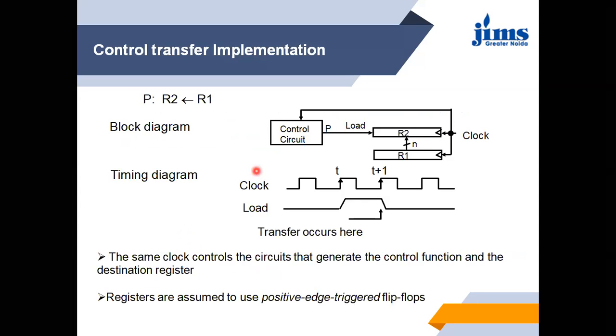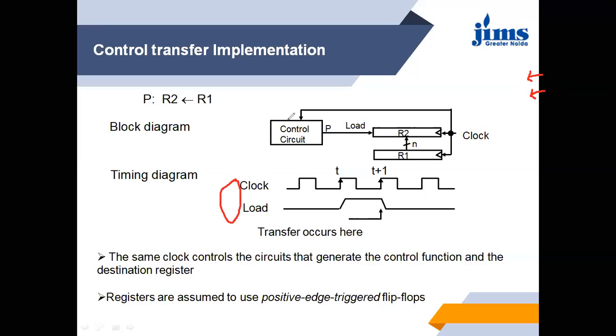We can see the control transfer implementation, how things happen when we have to transfer. We saw two things till here: how the data is transferred from one register to another register, and we discussed the control signal.